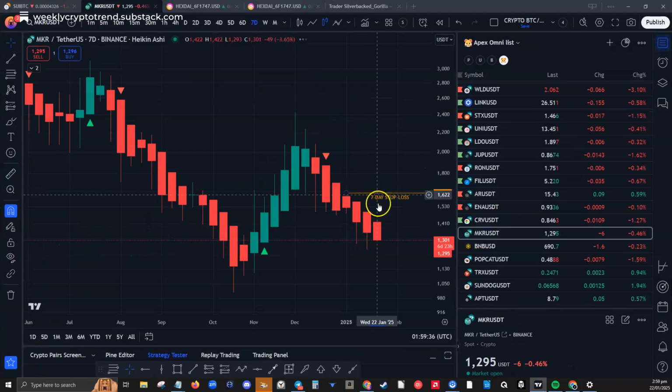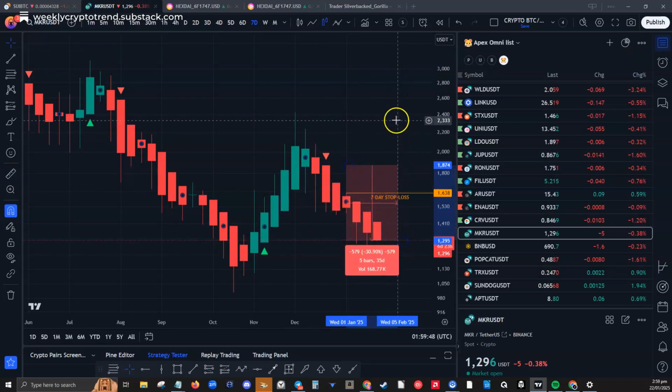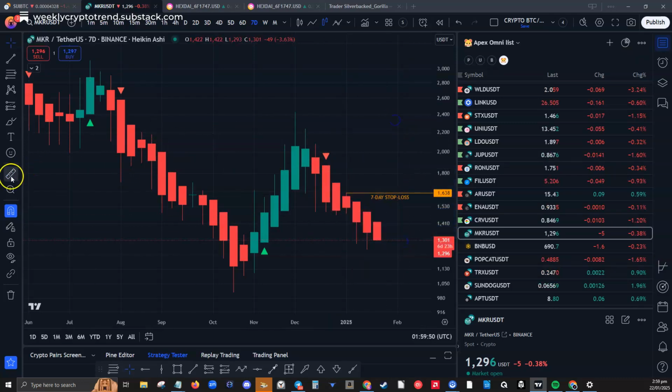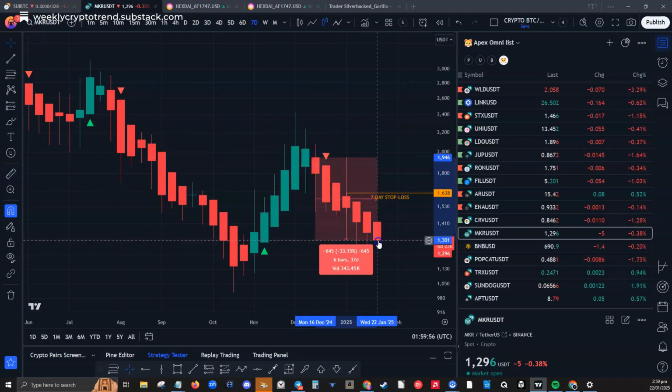Maker Heikin-Ashi is still short. It's been short since the 23rd of December, and if you have been following it since then, you have made 30% on your money. Ooh, actually, that's not too bad, eh? I would have been from here, but I'm currently at 33% in 37 days.